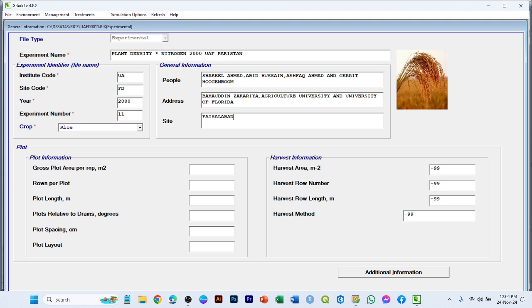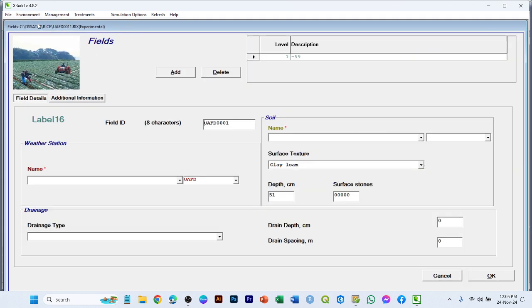Understand? So in this file, you have to go again with the fields. Go with the environment. Click on it. It will show you fields. When you click on the field on the top left side, you have to go to environment. Environment field, then this interface will open.